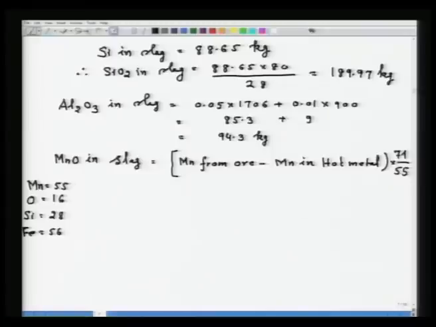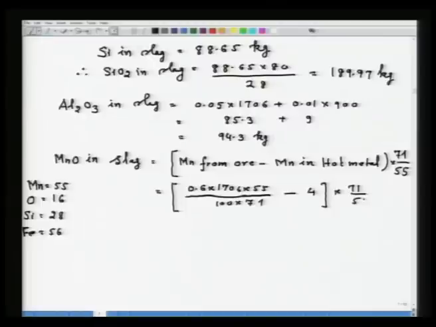If you substitute all the values, manganese from iron ore will be equal to 0.6 into 1706 into 55 upon 100, into 71 upon 55, and that makes approximately 5.1 kg.